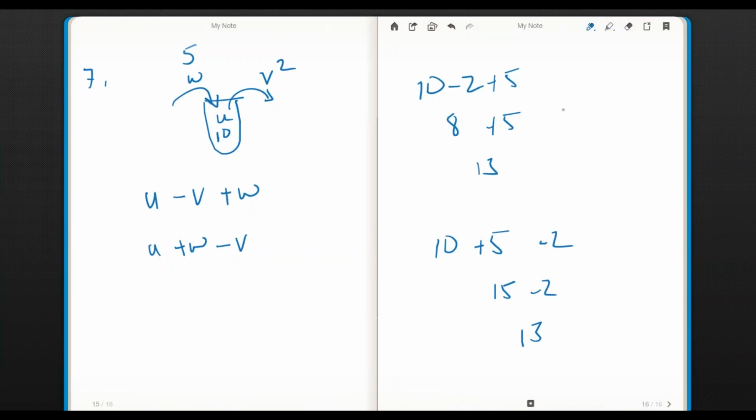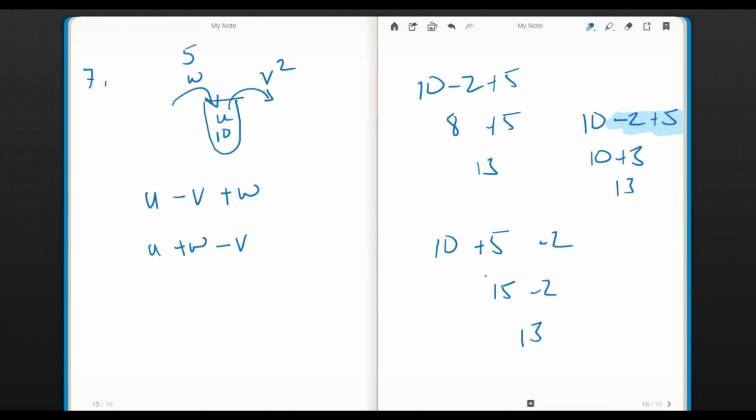You could even say, I start with 10, and if I take out 2 and put 3 in, let me just write it up here actually. If I take out 2 and put 3 in, that's the same thing as just adding 3. That's 13. Look, we've done it 3 totally different ways.